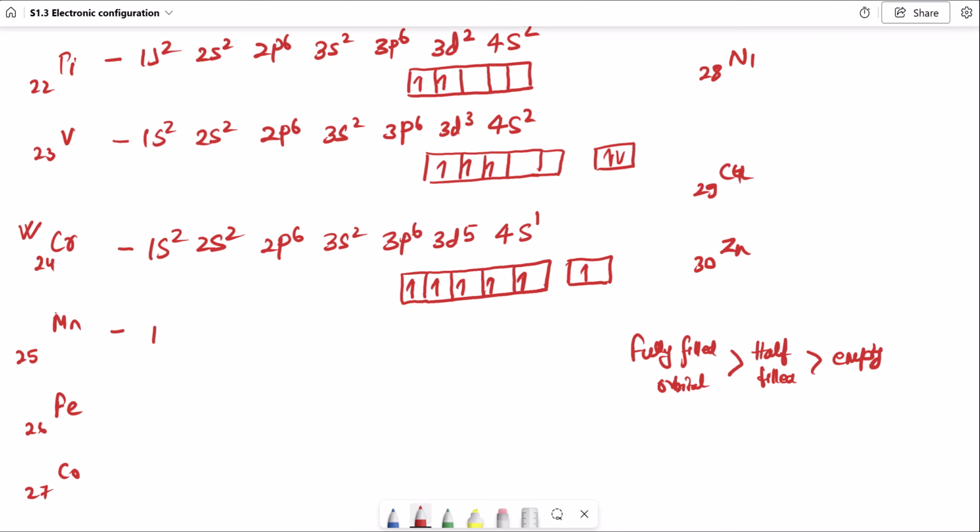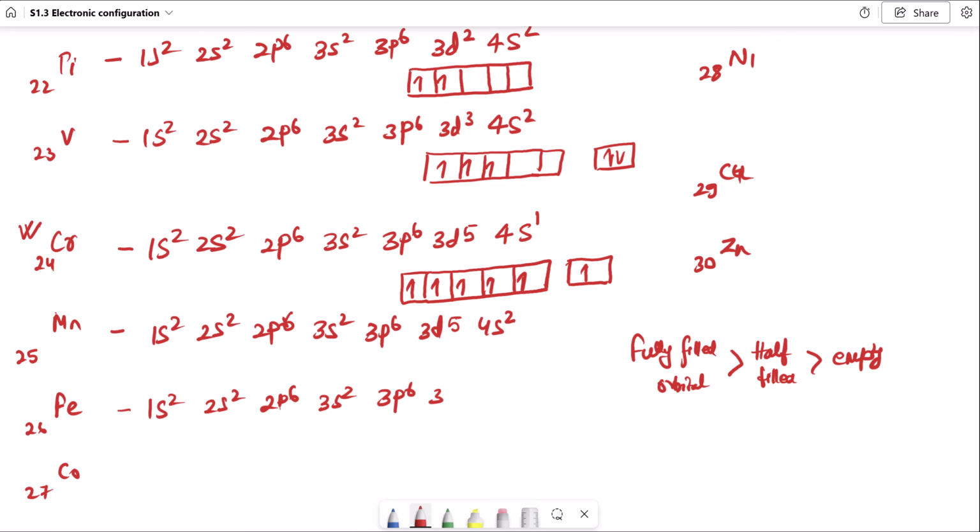In manganese, 1s2, 2s2, 2p6, 3s2, 3p6. Now here in 25, 3d5 will be there as it is. Then you write 4s2. Iron, 1s2, 2s2, 2p6, 3s2, 3p6, 3d6, 4s2.